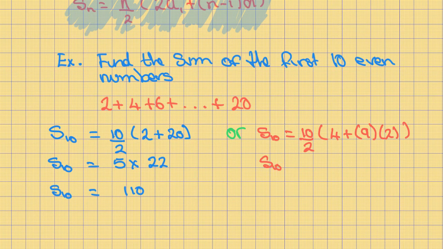So S10 is equal to 10 divided by 2 is 5, times 9 times 2 is 18, plus 4 is 22. So S10 is equal to 5 times 22, which is 110.